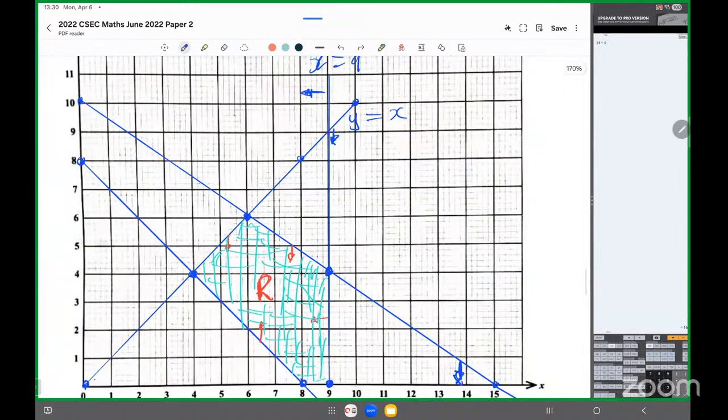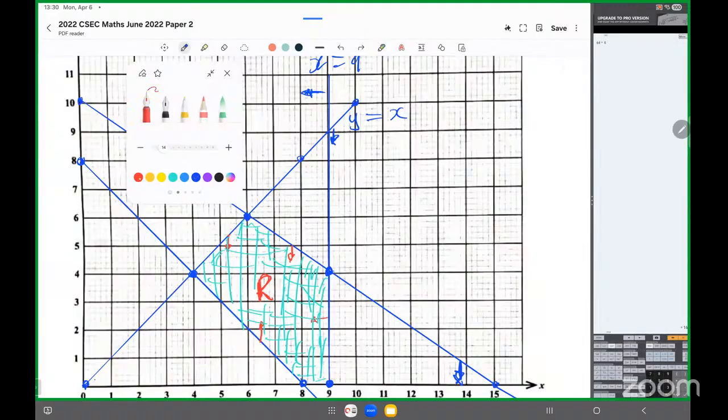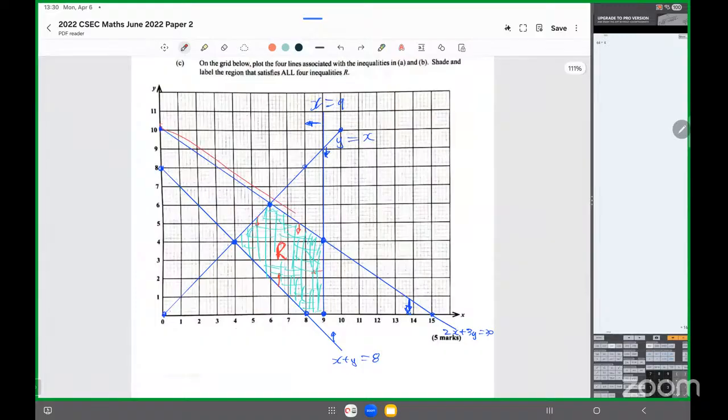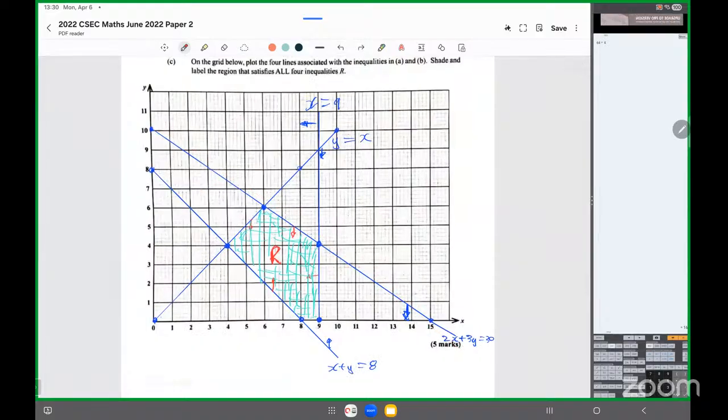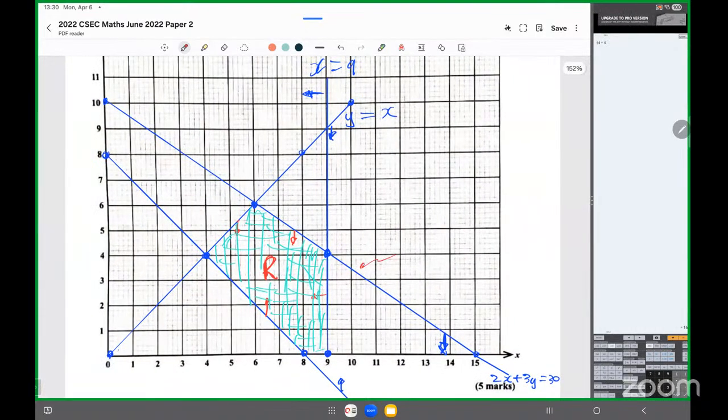Let me mark them out for you in red. This is the line that we're on for exactly 60 persons. For exactly 60 people, you have to be on this line.